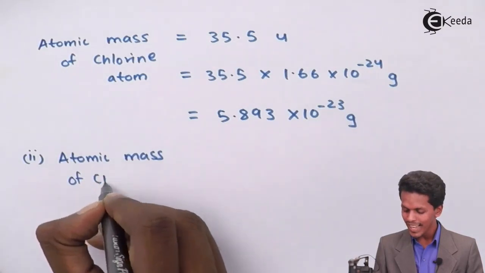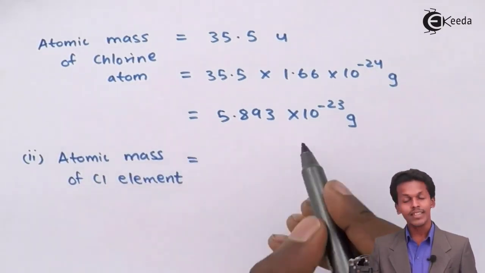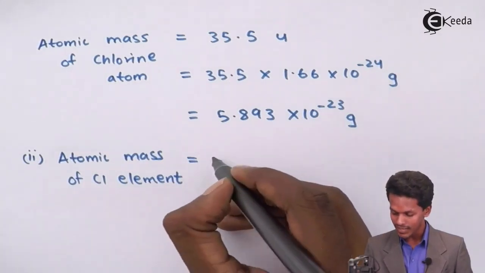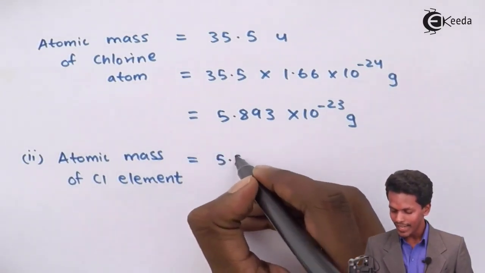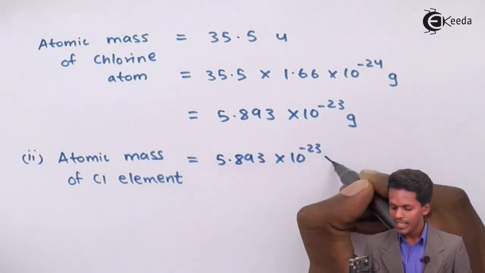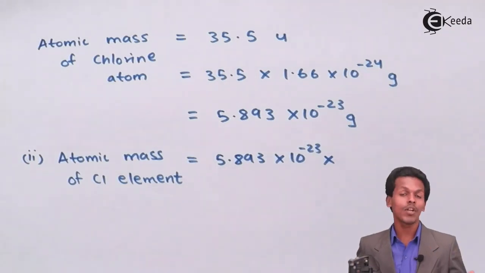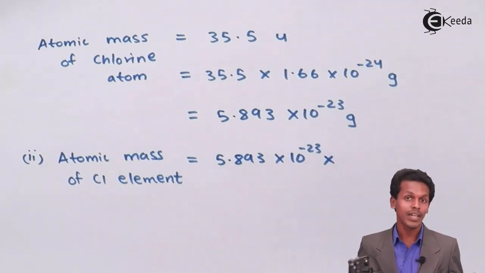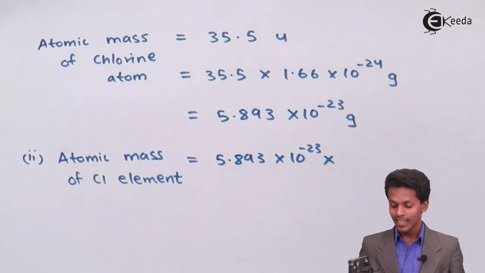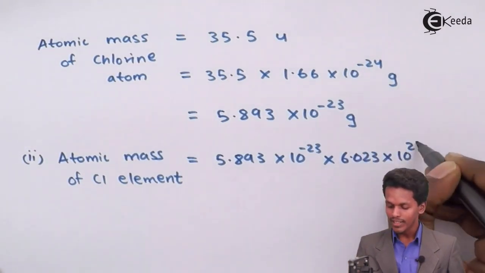So the atomic mass of chlorine element will be nothing but the mass that we have, that is the mass in grams, 5.893 into 10 raised to minus 23, into the total number of atoms that are present in 1 mole of an element, that is nothing but 6.023 into 10 raised to 23.